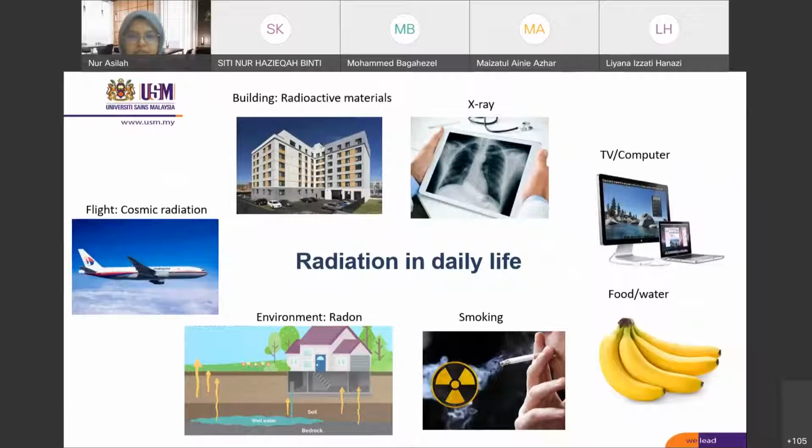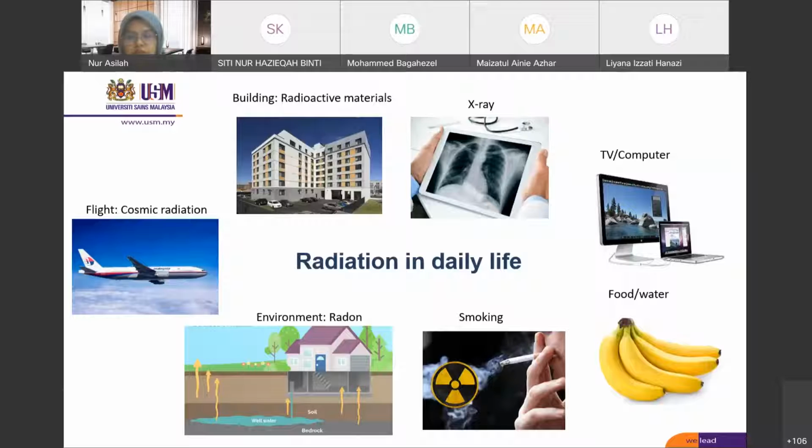In our daily life, we might get exposed to radiation that comes from the building that is made up of radioactive materials, radiation from the X-ray, radiation from the TV and computer, radiation from the food such as the banana that contains naturally high level of potassium, and a small portion of this potassium is radioactive.